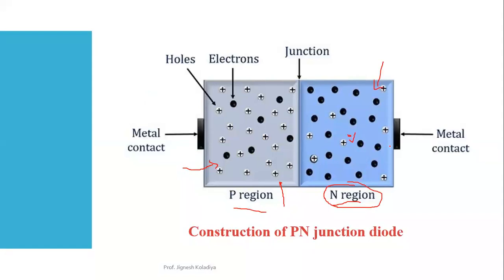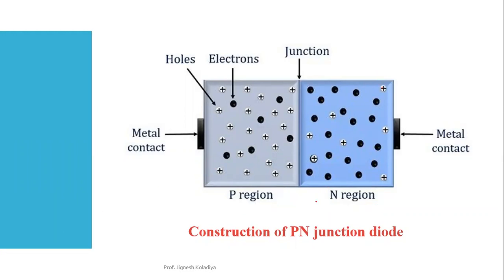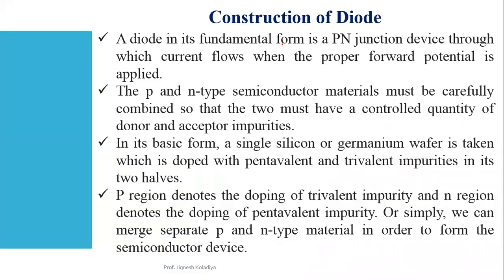Here we have metal contacts at which you can connect the supply. Right now, let us try to understand the construction first. Yes, this is known as junction. This line is known as junction. Now in its basic form, a single silicon or germanium wafer is taken, which is doped with pentavalent and trivalent impurities in its two halves.